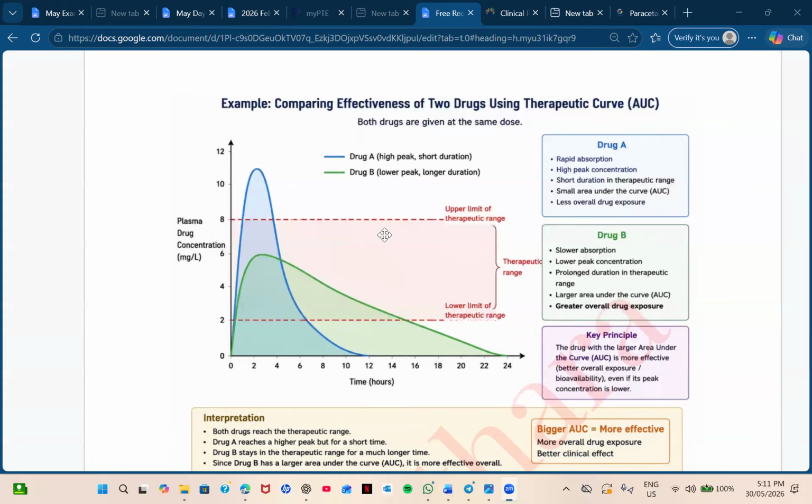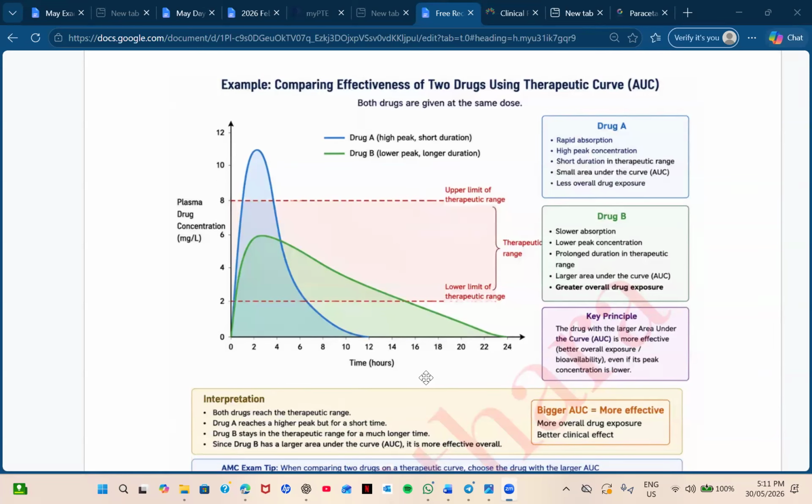Here you can see drug A and drug B, and here they have given the therapeutic range of the drug, which has an upper limit and a lower limit. What can you see in drug A, doctors? You have given drug A, and this patient has a higher peak and short duration.